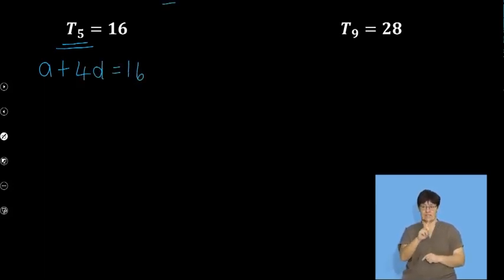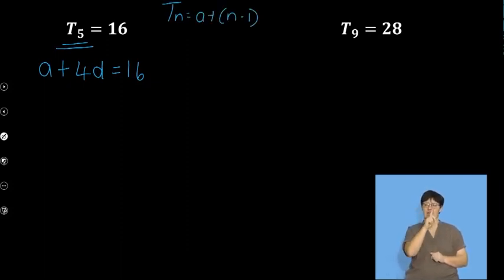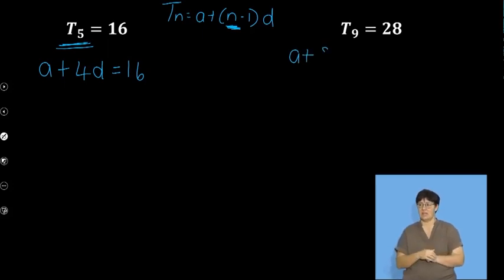This is stemming from my general form of an arithmetic sequence where I know that it is always A plus the term number minus 1 D. So I've replaced term 5 with A plus 4D, and I'm going to replace T9 with A plus 8D.